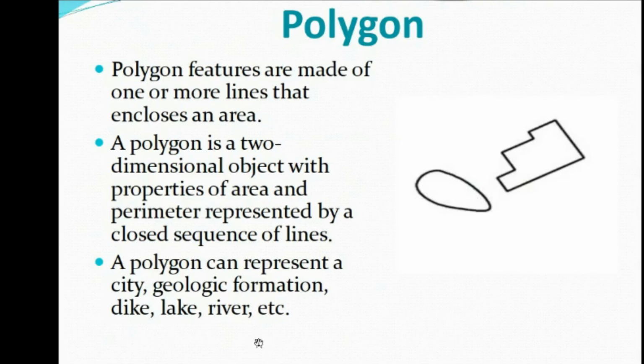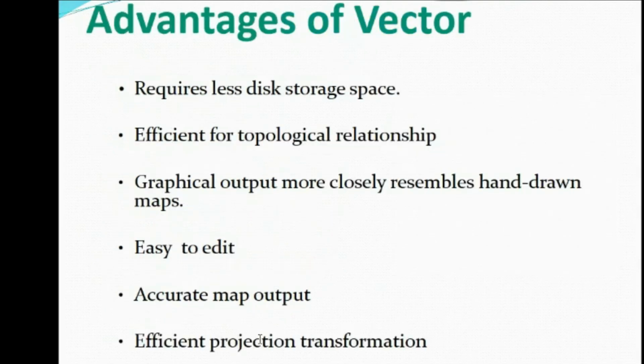So you are supposed to write everything in detail about raster, about vector and each feature representation, and also you can conclude your answer with the advantages and disadvantages of vector and raster. And sometimes separately also you will get a question like explain the distinguishing features of vector and raster data.